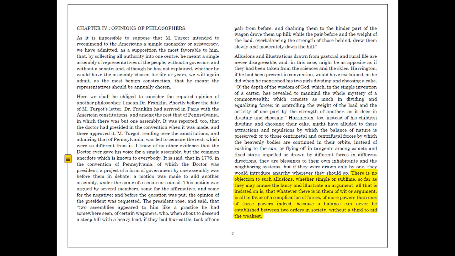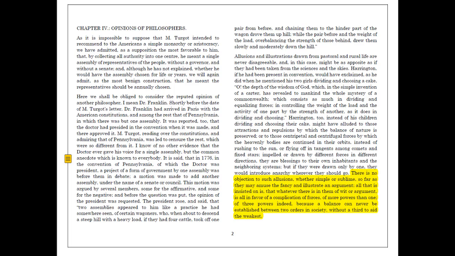If we come down to the middle of the right-hand column on 2, he has this example from Harrington and how to divide up the cake, how his children will divide up the cake, but he points then at about halfway down the column to the underlying principle of physics. He says, Harrington, too, instead of his children dividing and choosing their cake, might have alluded to those attractions and repulsions by which the balance of nature is preserved, or to those centripetal and centrifugal forces by which the heavenly bodies are continued in their orbits instead of rushing to the sun or flying off in tangents among comets and fixed stars.